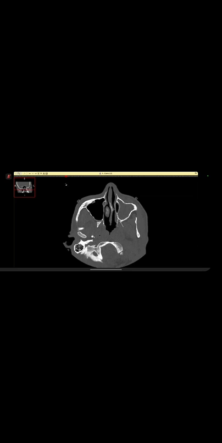I can't see any bone destruction. The lamina papyracea appear normal, and the wall of the maxillary sinuses appear normal.